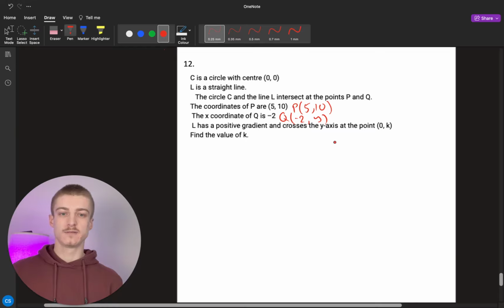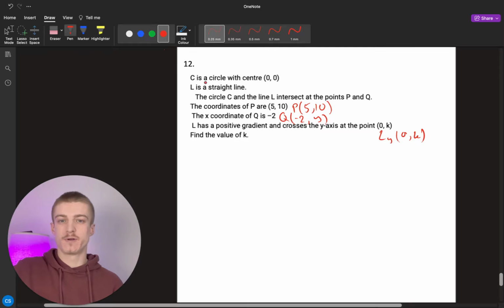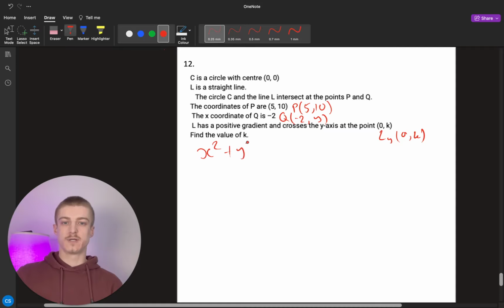Okay. So let's see, what have we got here? We know that L has a positive gradient. Positive gradient going from the lower left to the upper right. And P has both a positive x value and a positive y value. So P is in the upper right quadrant. And the circle's center is at (0, 0).